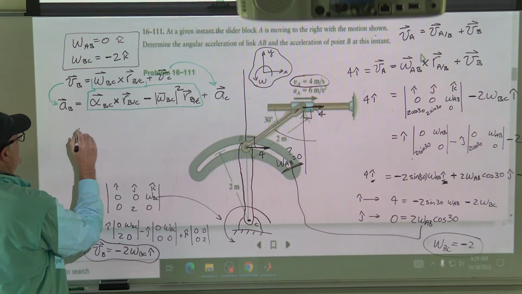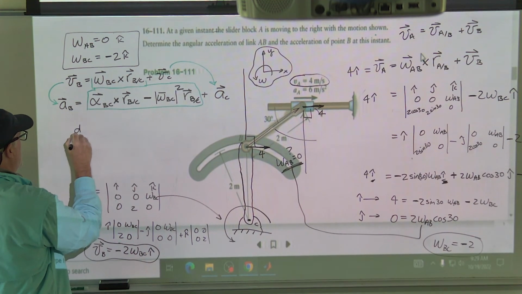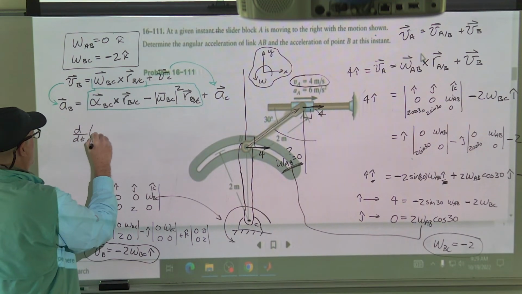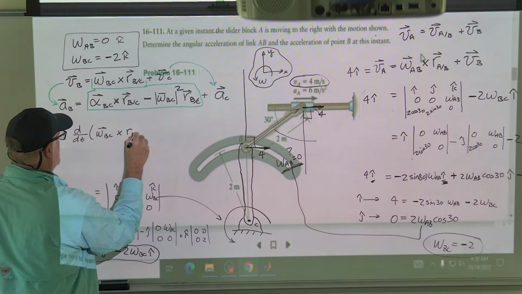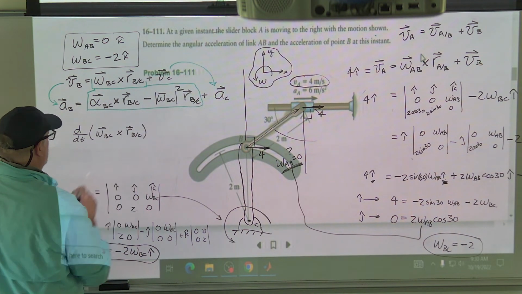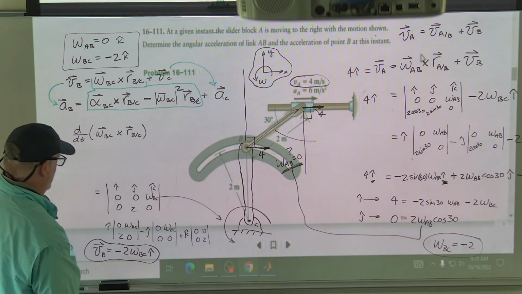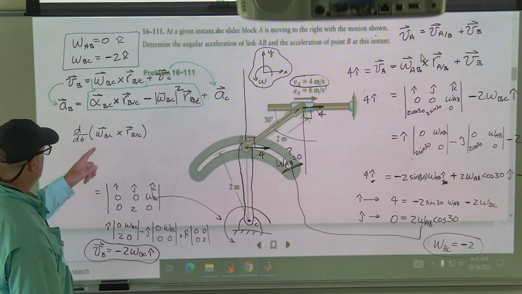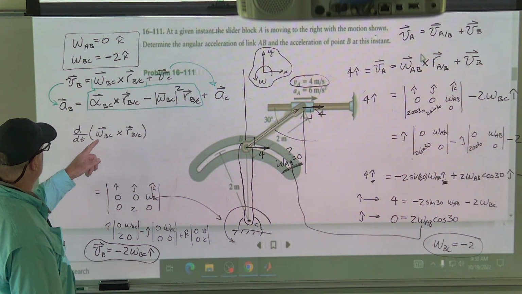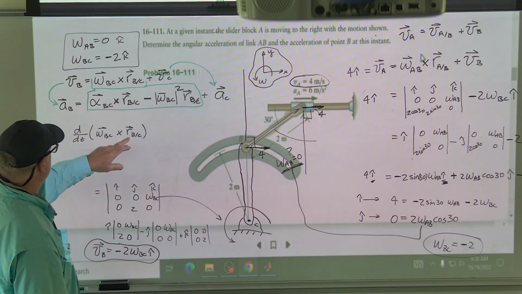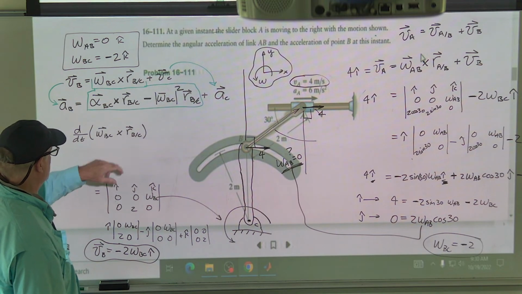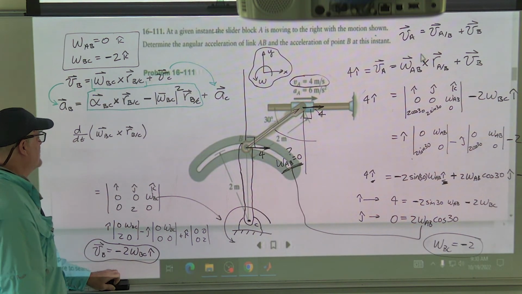So if I were taking the time derivative of omega BC cross RBC, I would first take the time derivative of this, and then I would take the time derivative of the right term.